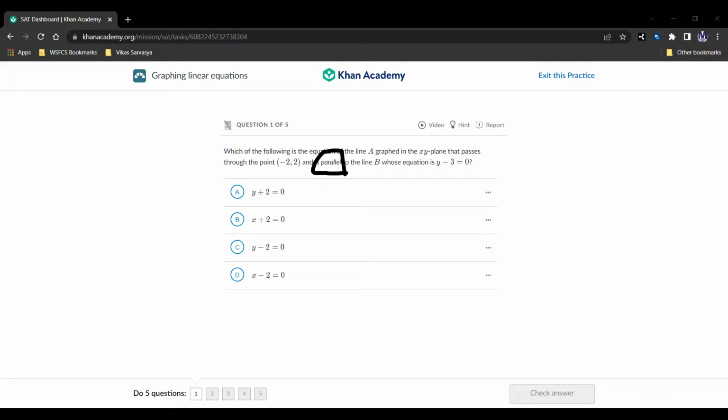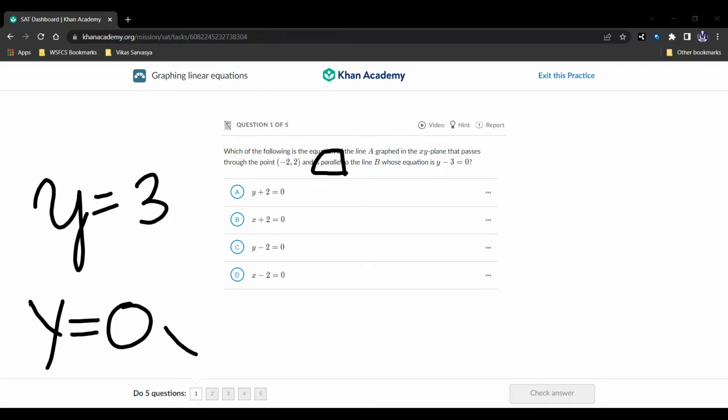So we can write this y minus 3 equals 0 as y equals 3, which is y equals 0x plus 3. So the slope here is just going to be 0. So the slope of our new line is also going to be 0.